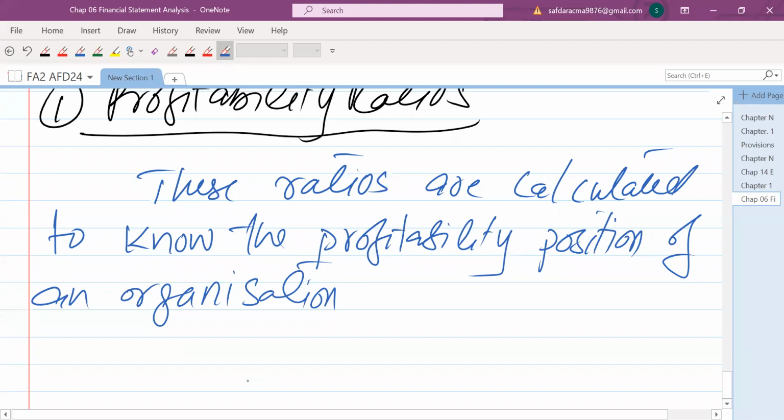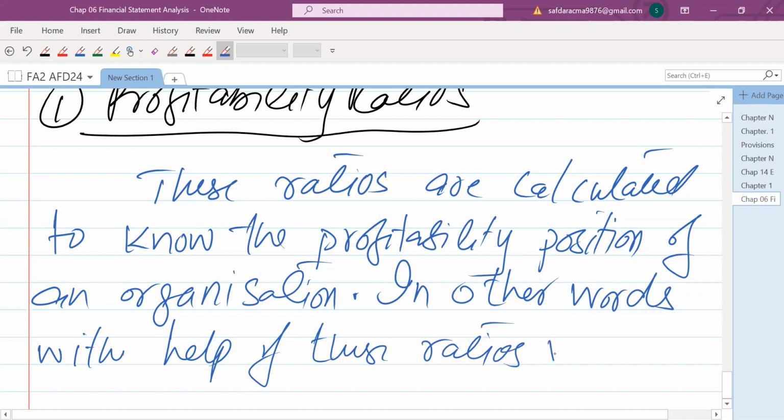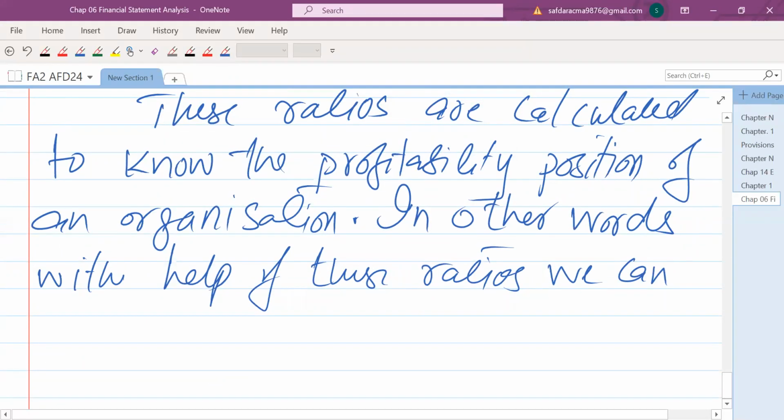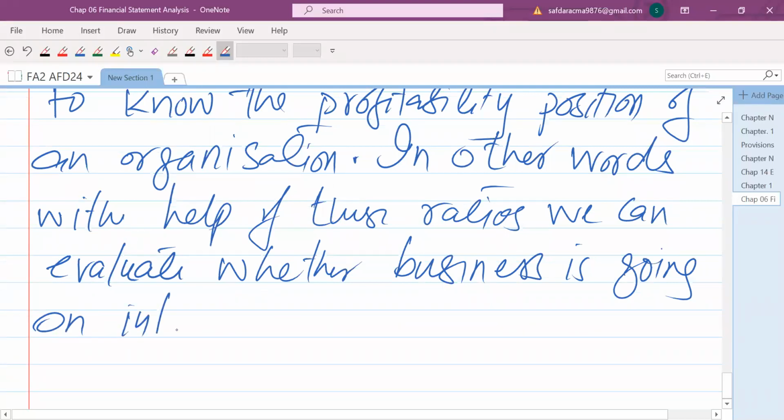Profitability position of organization means, in other words, with the help of these ratios, we can evaluate whether business is going on into profit or losses.